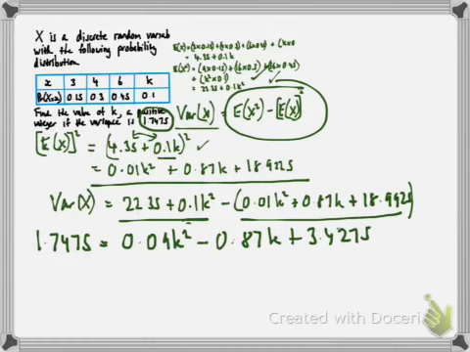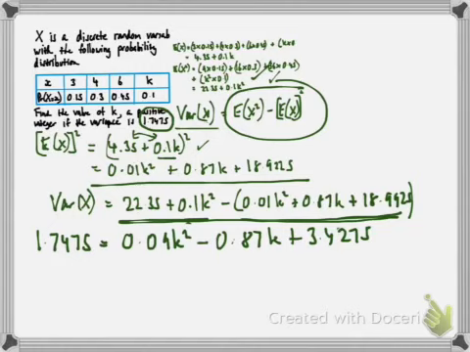I've missed out a few steps there, but you can use your calculator to work this out. I've tidied up that whole right hand side into 0.09k squared minus 0.87k plus 3.4275, and I've made that equal var x, because from the question we're told that var x equals that.